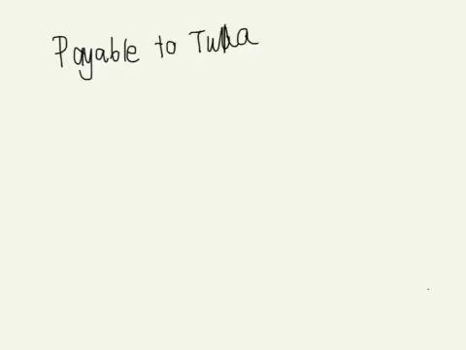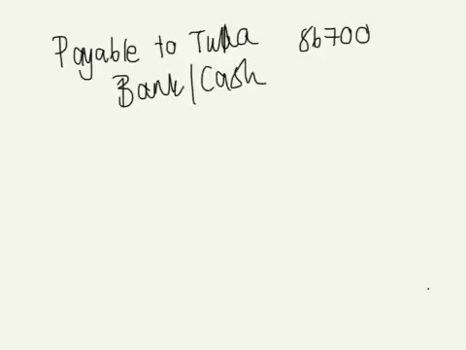The rest of the entries, first of all, we have to then pay Tuna the cash that we owe them. Not Tuna, sorry, 86,700, and bank or cash is the credit.